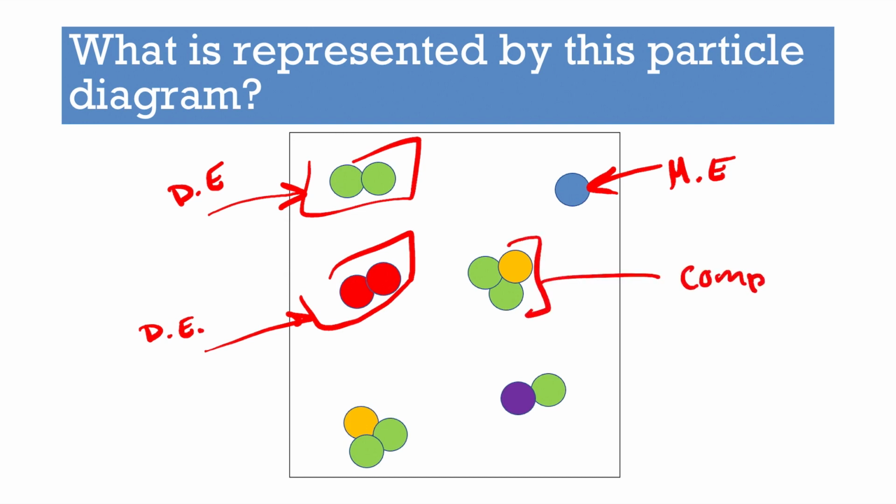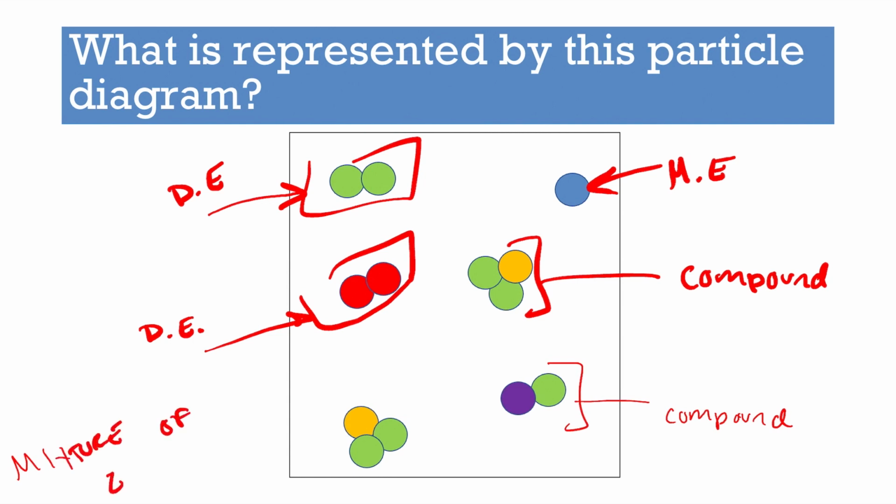Here is a compound because you have 2 or more different colors. And here is another compound because you have 2 or more different colors. So we have a mixture of elements and compounds.